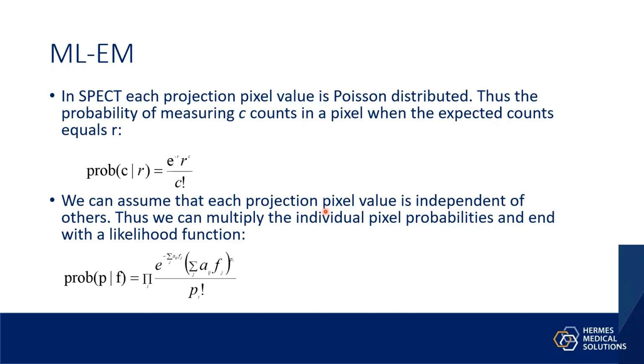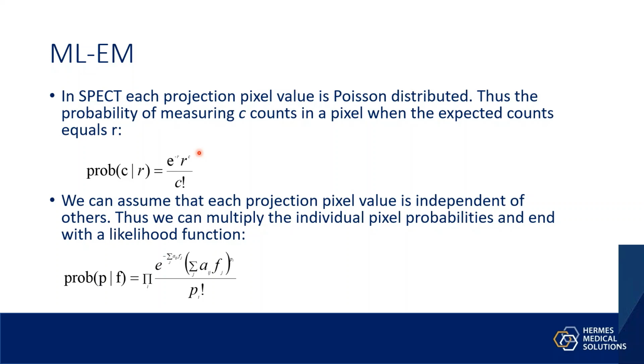As many of you know, in SPECT imaging the projection pixel values are Poisson distributed. So the probability that we get C counts in some pixel when the mean of the counts, or the expected number of counts, equals R is this guy in here.